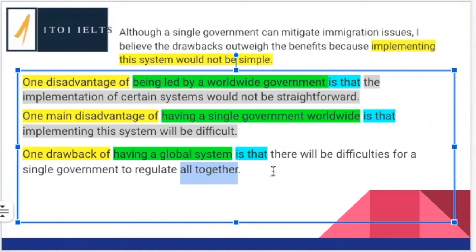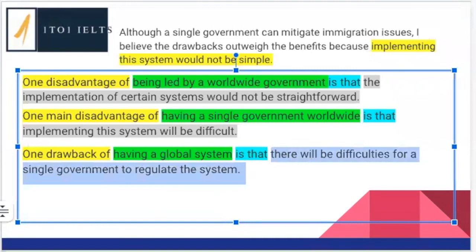Okay, yeah, Roger, I think that's right. The system. It would be one system because we've already referred to the system here, so we can use a definite article. The one drawback of having a global system is that there will be difficulties for a global government to regulate the system. Okay. So this would work. So it's possible.